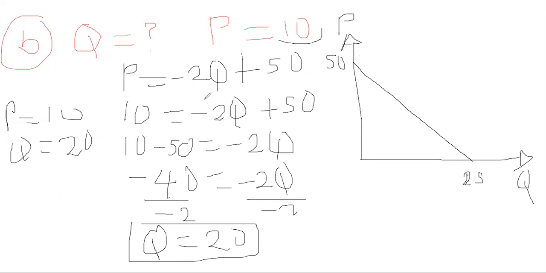So the A part, we have 32 and 9. We said that if the quantity is 9, the price will be 32. So the latest one, we said that if the price is 10, the quantity demanded will be 20.